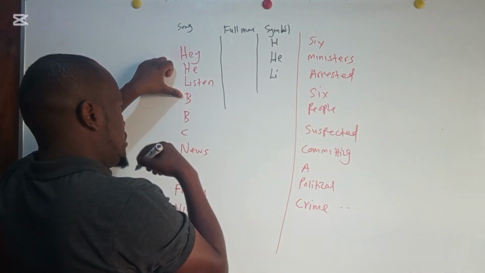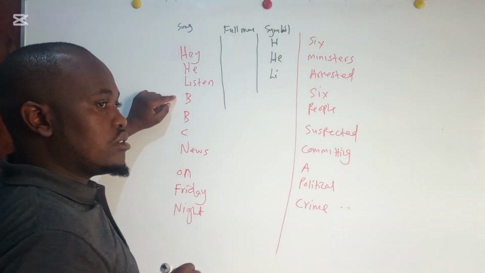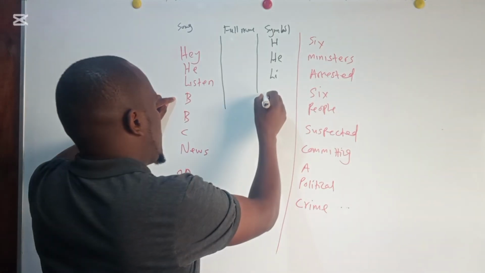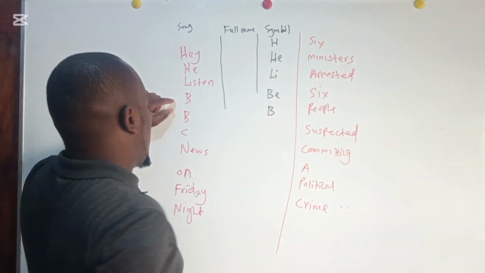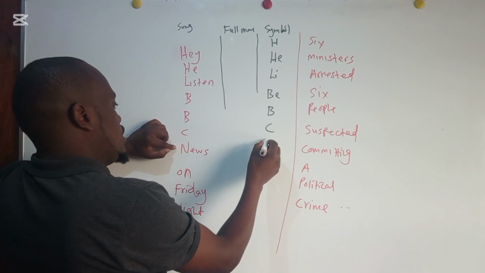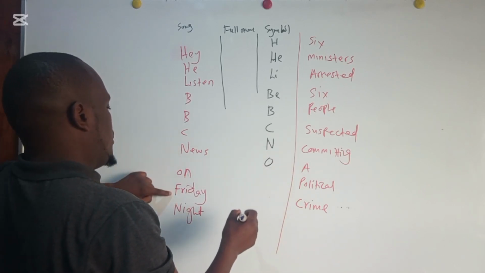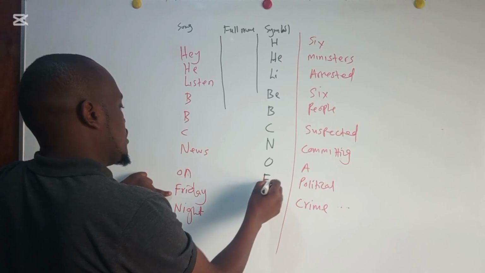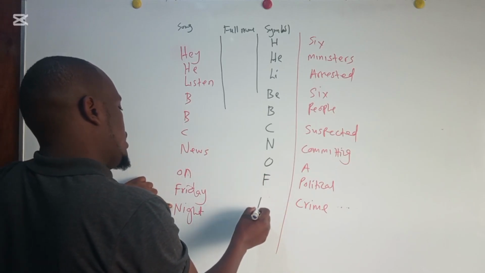This is beryllium, BBC. When you have 2 that are similar, you should know which one comes first. Beryllium, and then you have boron. C is for carbon. News is for nitrogen. On is oxygen. F is fluorine. And then N is neon.